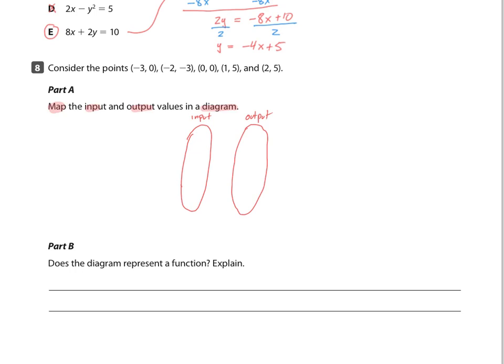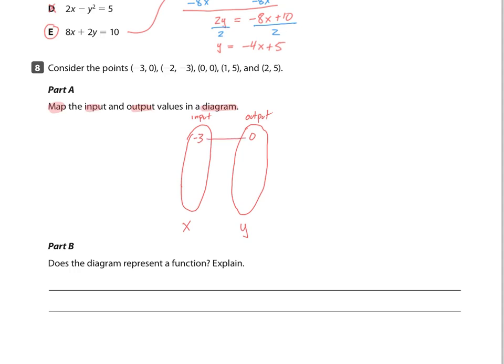Oh, it's recording. So you have inputs and outputs. Remember, your inputs are going to be your x values. Your outputs are going to be your y values. The only thing you need to do is look at the points. All the x's go on one side and the y's go on the other. So we're going to start with the first number, -3 and 0, and you make a line.